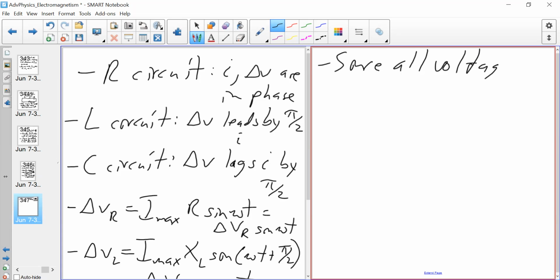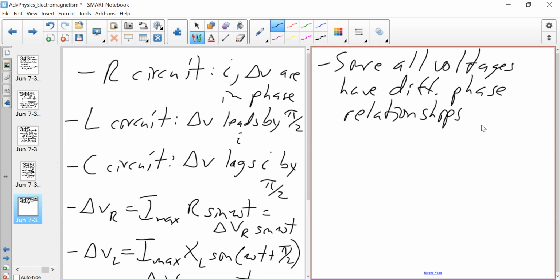With all voltages having different phase angular relationships in a phasor diagram, we can't just add them up together.